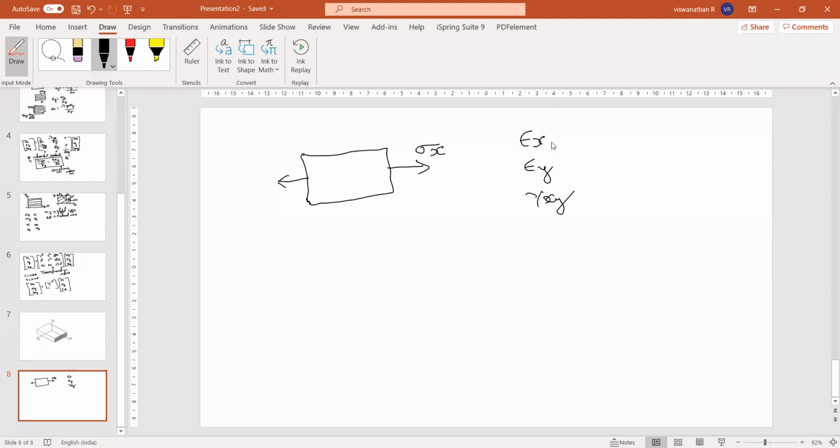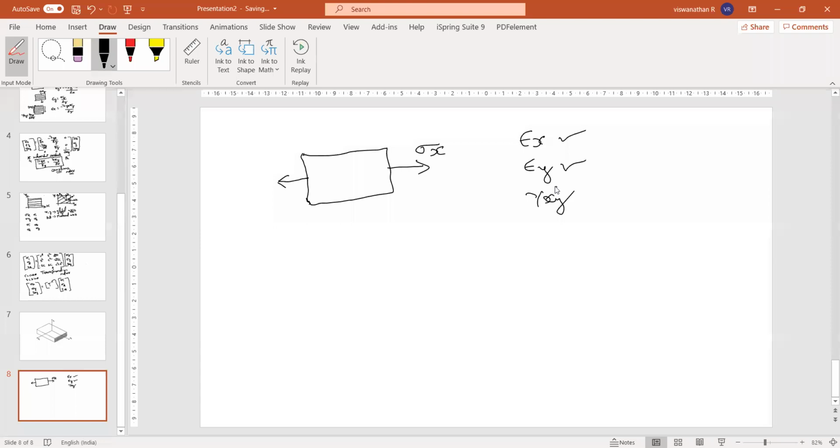You'll get the strain in the x direction. Will you get the strain in the y direction, because of a stress in the x direction? Yes, lateral strain, deformation. Because of the Poisson's ratio.